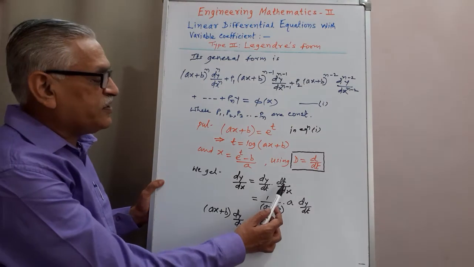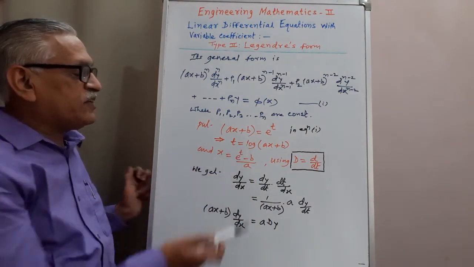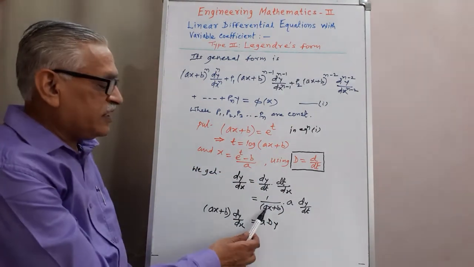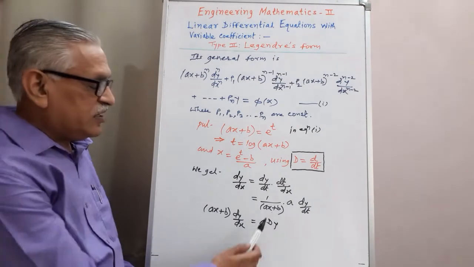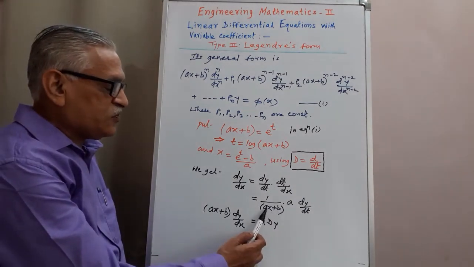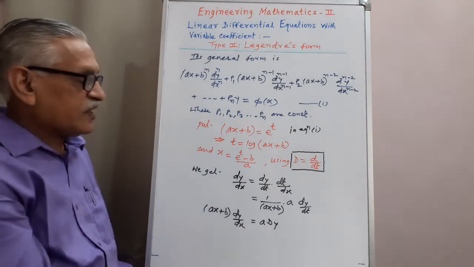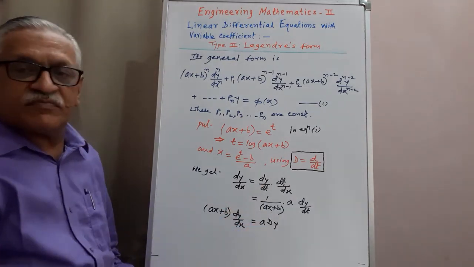Then differentiating t with respect to x, the derivative of log is 1 upon ax+b, by the chain rule. The derivative of ax+b with respect to x is a, and into dy/dt as it is.